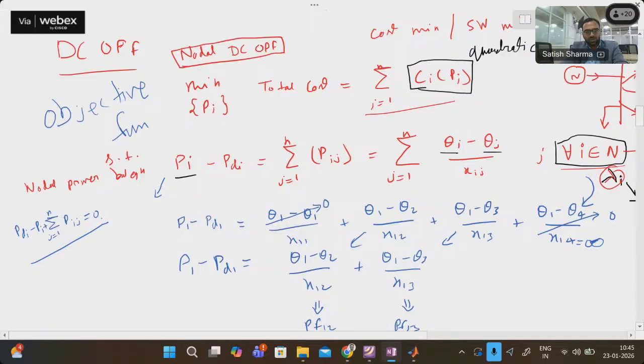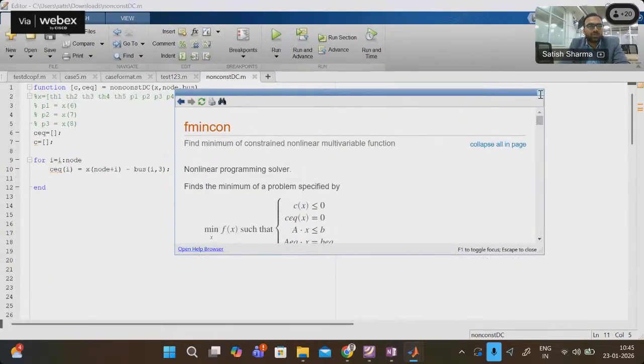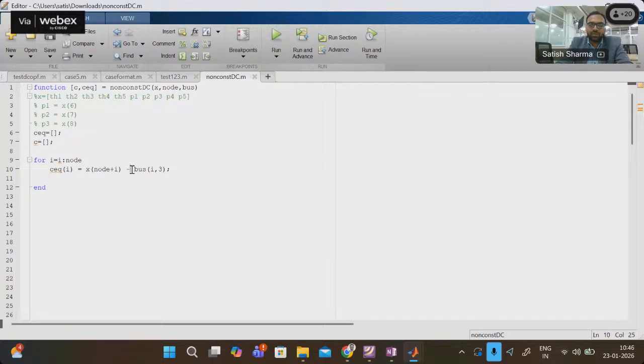Then I will change that here as well, so this is Pd minus Pg. Then I will apply another for loop, j equals 1 to n, in which we are going to add the Pij.